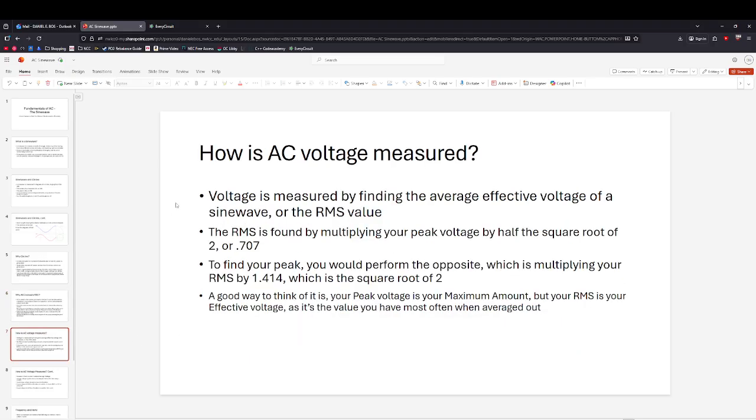Now, how is AC voltage measured? Obviously, you can talk about how we physically measure it using voltmeters, but the way the voltmeter calculates it is by finding the average effective voltage of a sine wave. This is what we went over this morning, how peak is your maximum and RMS is your effective.